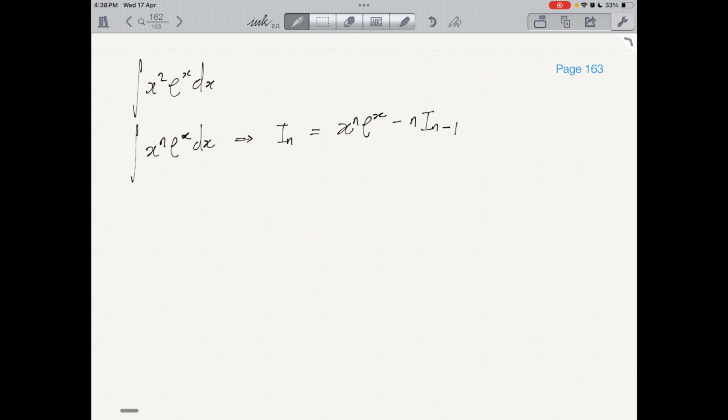So if we compare what we have here to this, we will realize that our n is equal to 2.